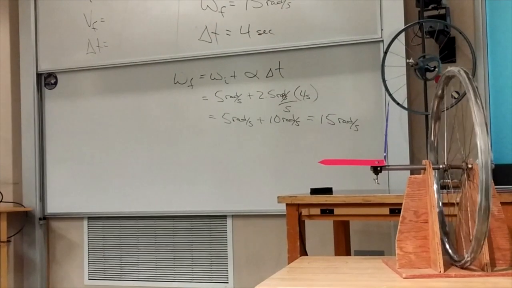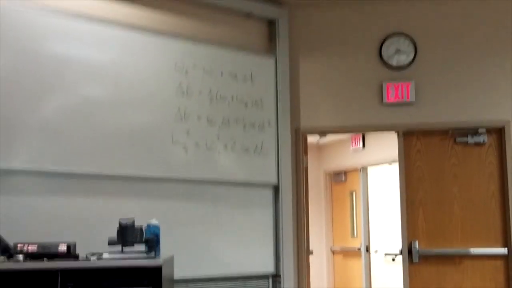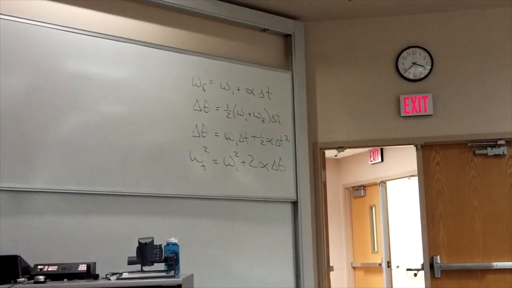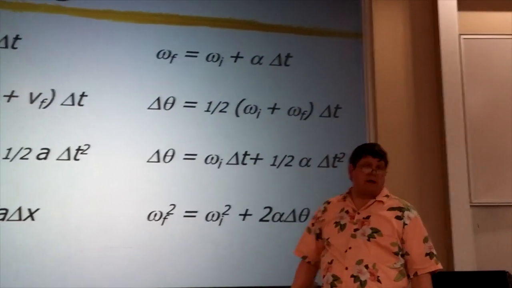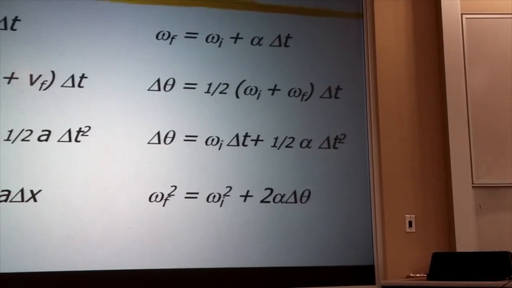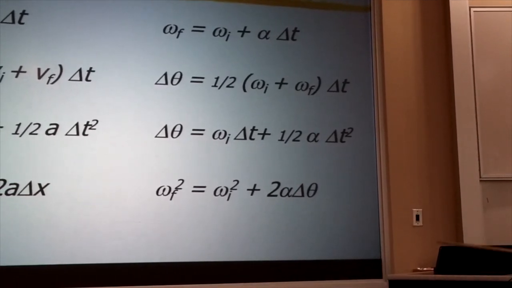Indeed, because I have all the other variables except for delta theta, I can use any of these equations that has delta theta in it. So I could use this equation to get my answer, this equation, or this equation. You might try using all 3 equations and make sure that you get the same answer in every case. You will, okay?